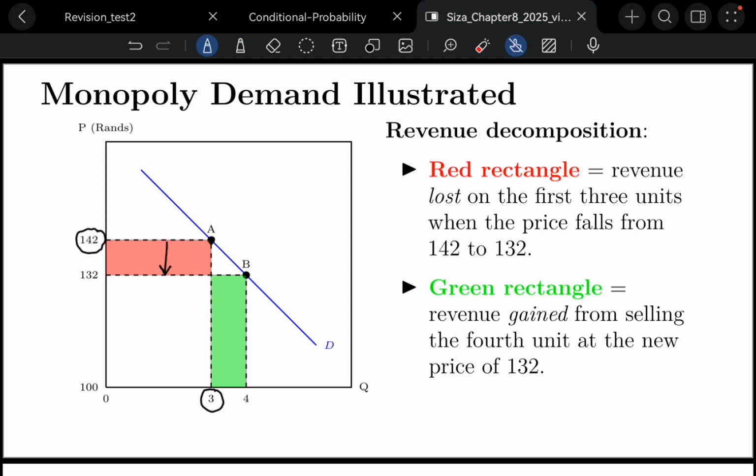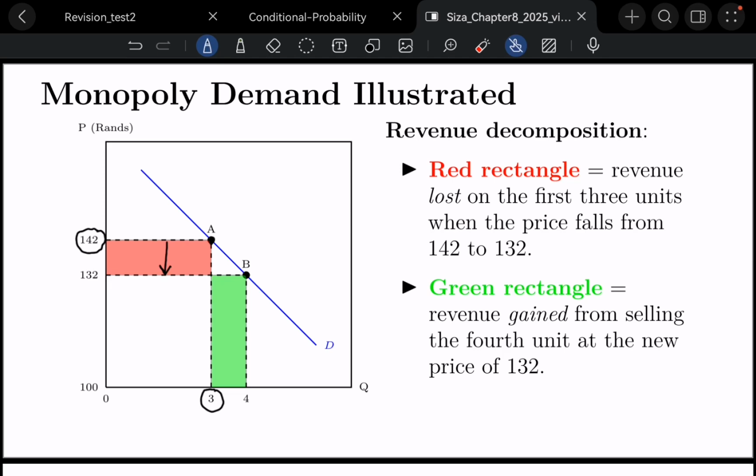So if the price goes down, they are going to lose some revenue based on the fact that the price has gone down. And that revenue that is lost is that red rectangle, and we can calculate that. It'll be 10 multiplied by 3, which is 30 rands.